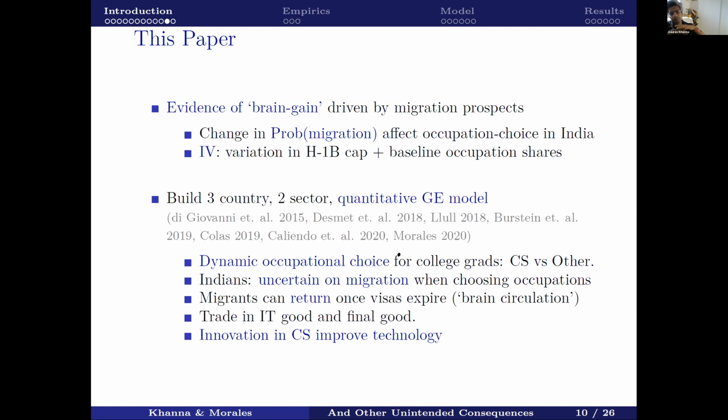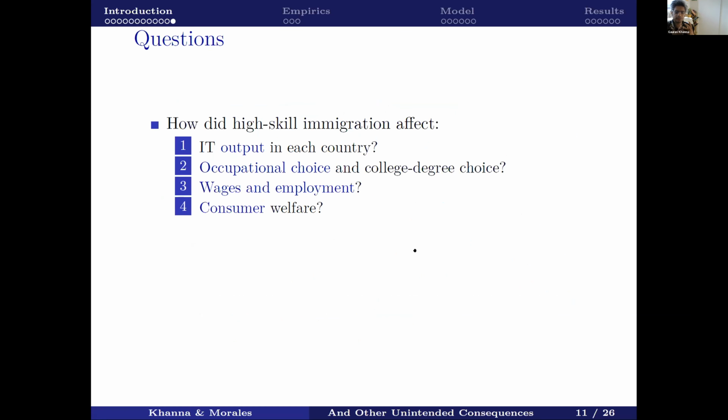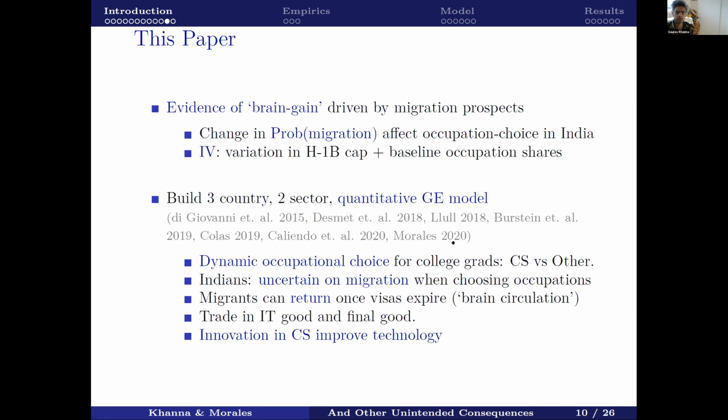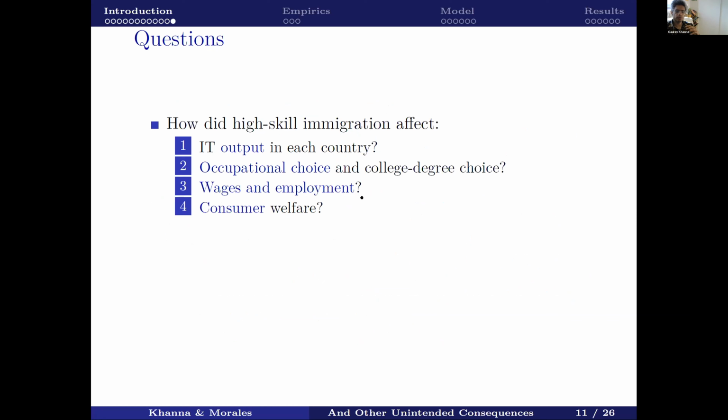So the model is a little bit more involved, but the advantage of doing an exercise like this is it allows you to answer a lot wider set of questions. If we just stuck to the reduced form brain gain response, we would be unable to answer a lot of these more nuanced questions like, well, how did high skill immigration firstly affect output of information technology in each country?